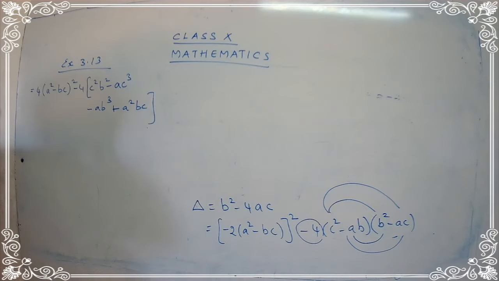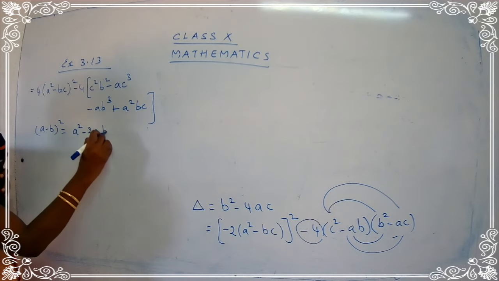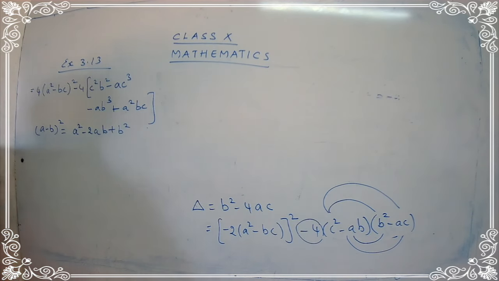So now here again, this is A square minus BC the whole square. So you have to expand using the A minus B the whole square formula. What is the A minus B the whole square formula? A square minus 2AB plus B square.